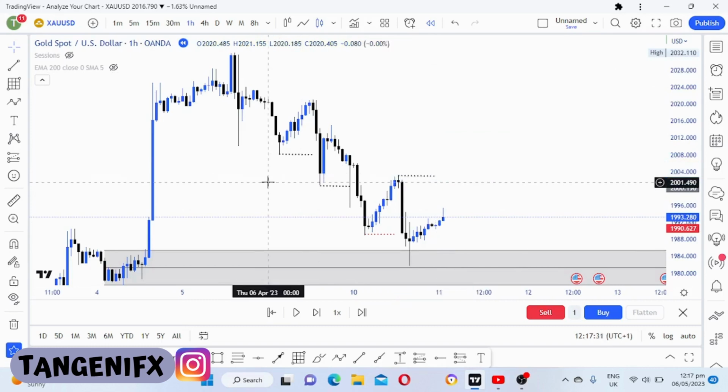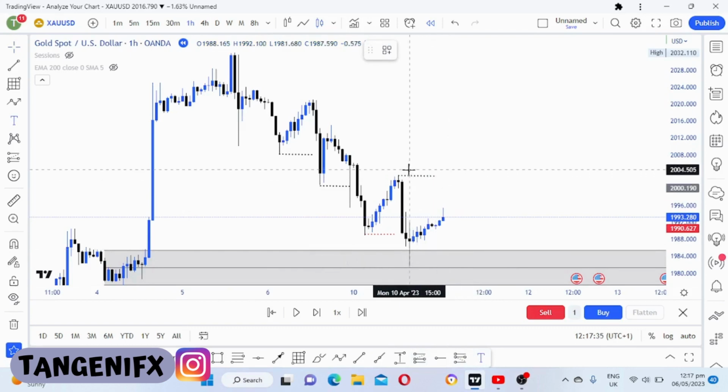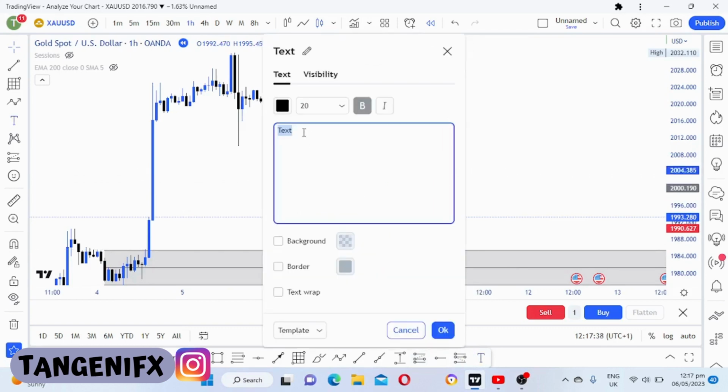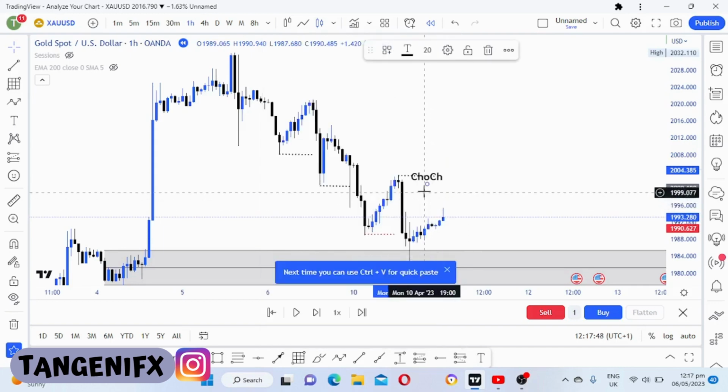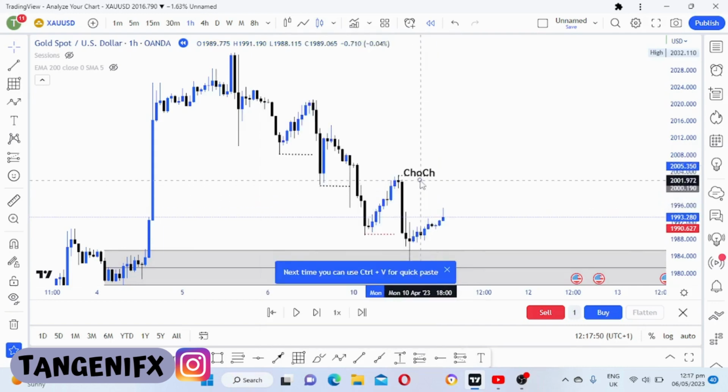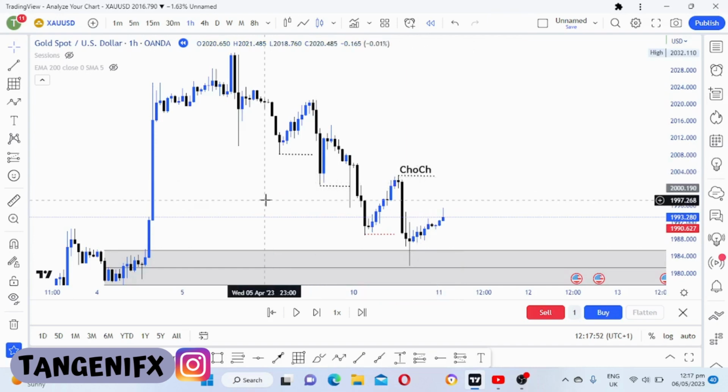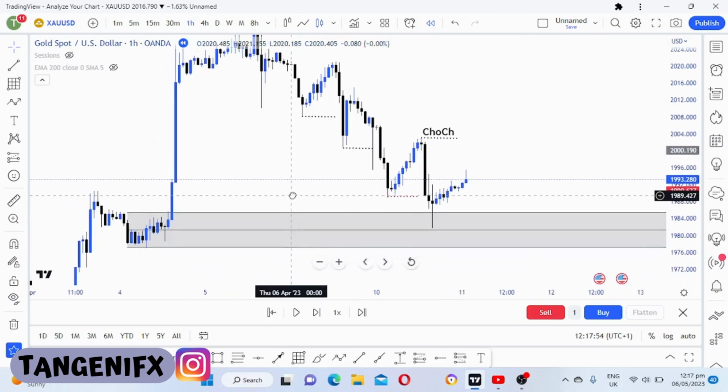Now we are waiting for a change of character. There is the change of character, which, if you shorten it, is a CHoCH. So now let's play price again.